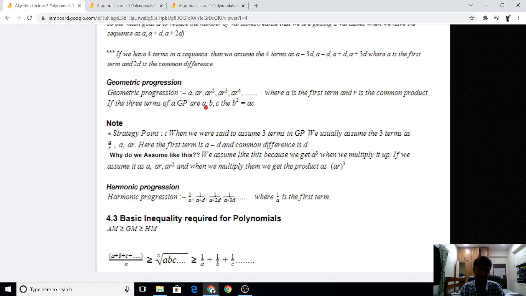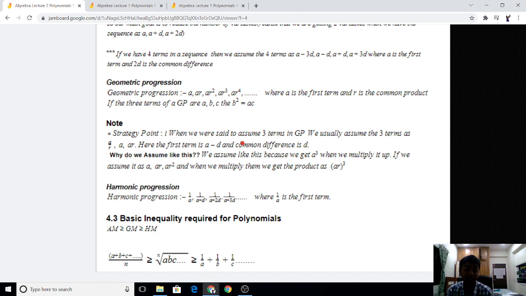So in a GP, let us look at the strategy point. If you're asked to assume three terms in a GP, then what would you assume? Again, close your eyes. Three terms in a GP. Don't assume A, AR, AR square. In a GP, since we are using multiplication, assume A by R, A and AR.